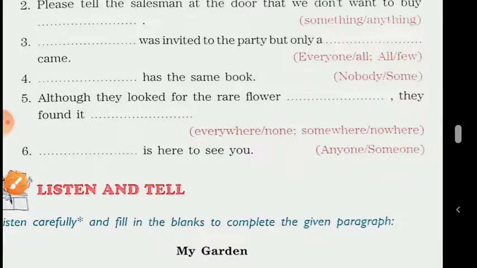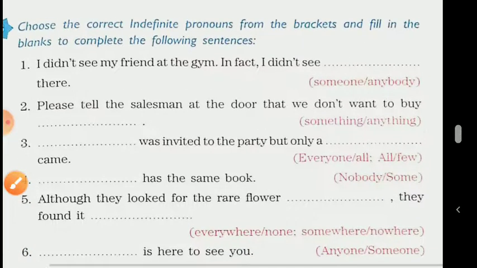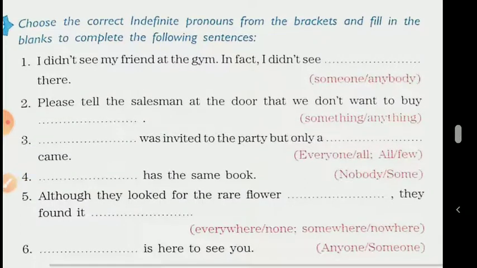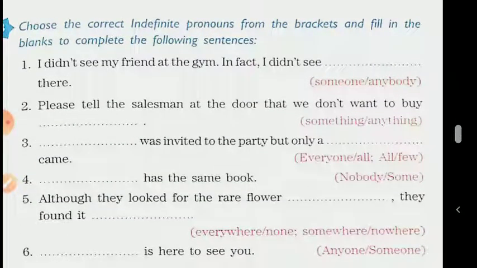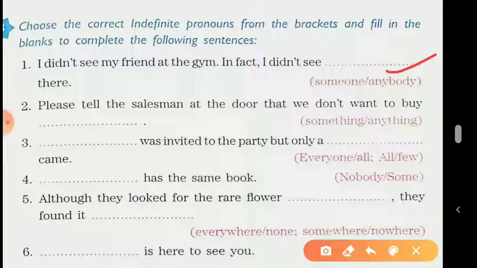Once again, I'll read the sentences. I didn't see my friend at the gym. In fact, I didn't see anybody there. Please tell the salesman at the door that we don't want to buy anything. Then third, everyone was invited to the party but only a few came. Fourth, nobody has the same book.